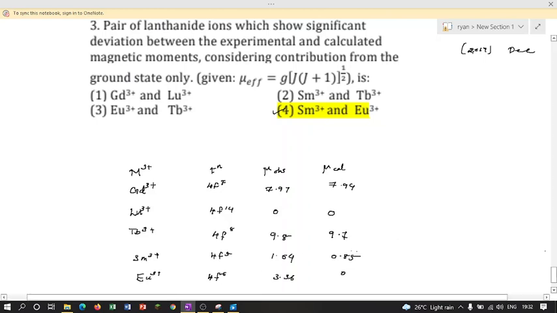Therefore here Gd3+ and Lu3+ follow the spin only formula. We can calculate square root of n into n plus 2. While for the remaining, g times square root of J into J plus 1 is valid.